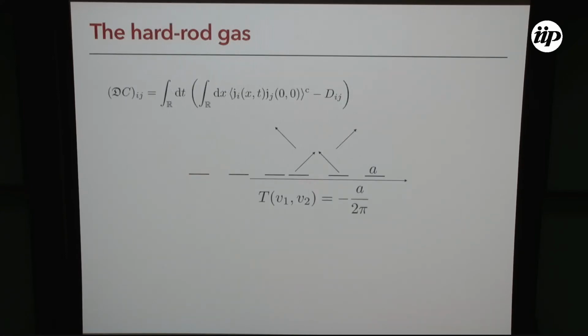Okay. Actually, if I have time, this is very similar to what happens in a very famous model of statistical mechanics, which is called the hard rod gas. This was studied again by Spohn and other people in the 80s and 90s. It's a classical 1D model of rods of size a, which scatter, and every time they scatter, they basically jump by length a.